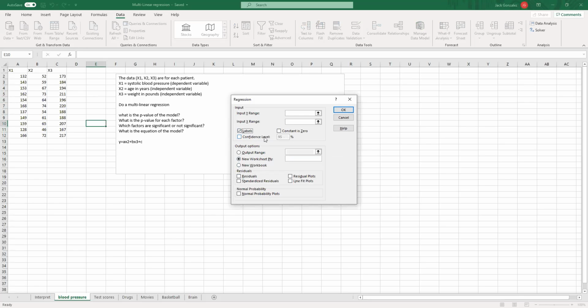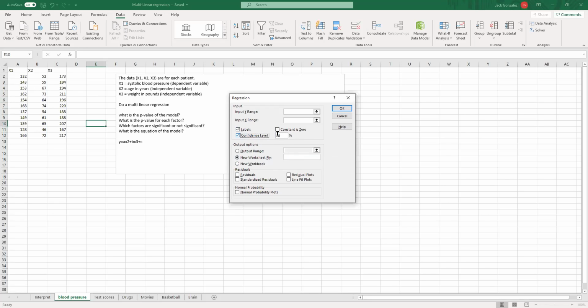Confidence interval will be 95%. So meaning the error of this analysis is only, we basically have a tolerance of 95%. If it's somehow outside of there, then we won't accept it. And we're not going to get into detail what that means, because that's a lot of statistics. But just think of it this way: we're 95% confident that this output is legit.